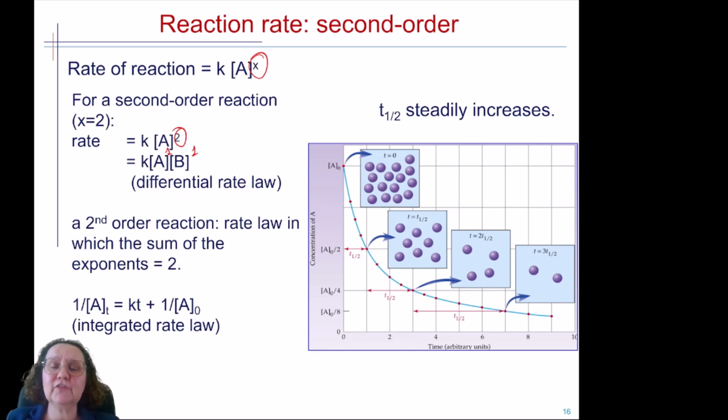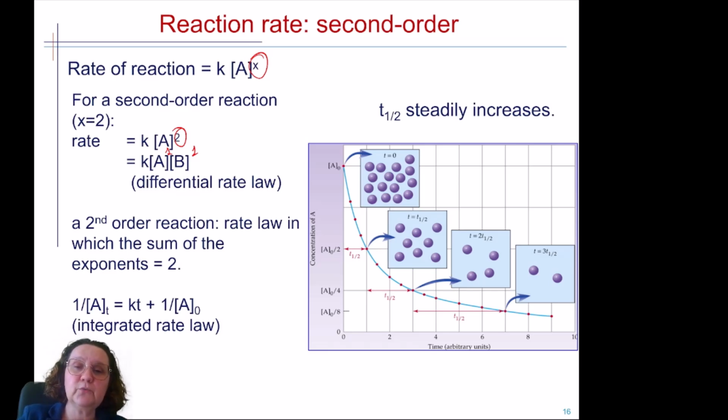So we have a look at how the concentration of A in a second order reaction changes. It's also a curve, but it's a different curve. Let's have a look at what happens with the T1/2, the amount of time it takes for the concentration of your reagent to halve.